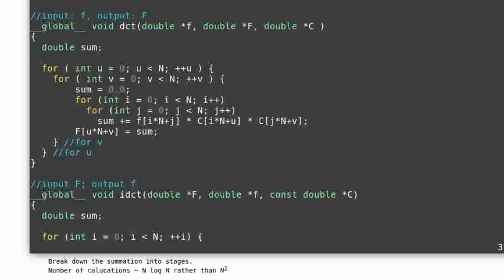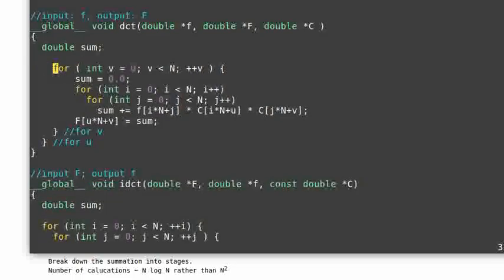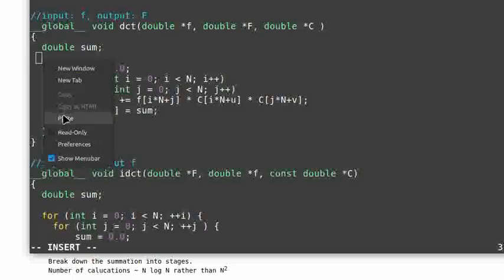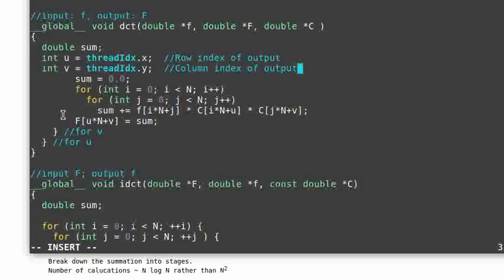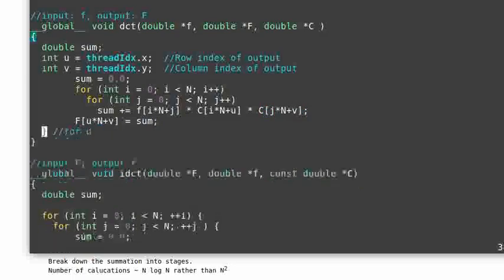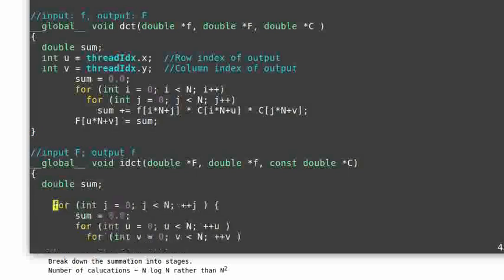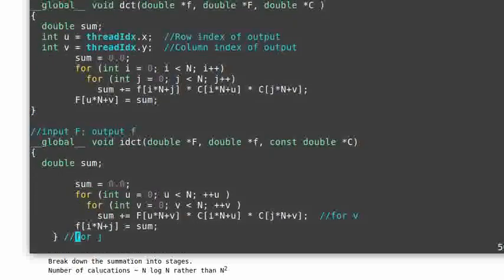And now we can get rid of this for loop, because we use 64 threads to do all this. So this for loop we can get rid of. And here we can get rid of the IJ for loops.